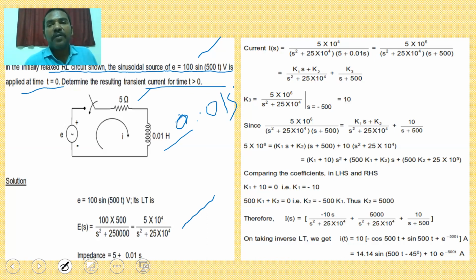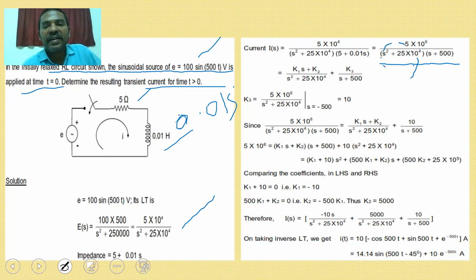So 5 into 10 power 4 divided by s square plus 25 into 10 power 4, into the impedance value 5 plus 0.01 s. So finally you can get 5 into 10 power 6 divided by s square plus 25 into 10 power 4, into s plus 500. So here it is a second order, s square term is there.